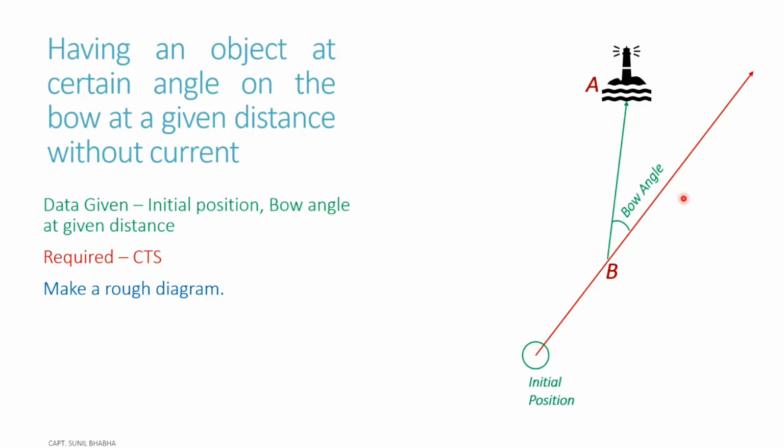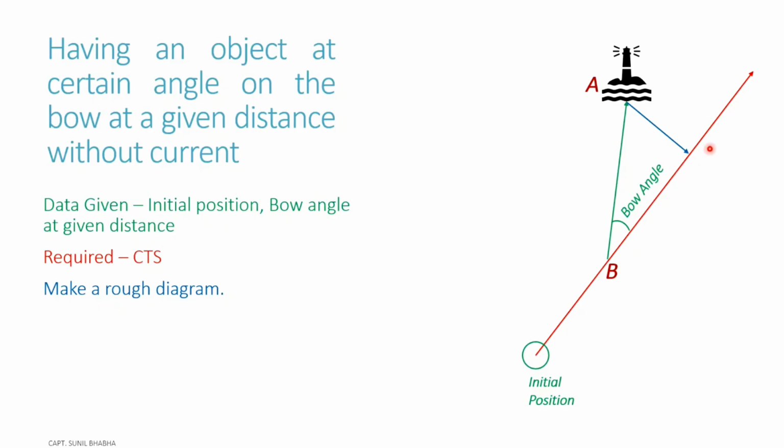Now what I will be doing is, from point A, that is the lighthouse, the object, I will drop a perpendicular onto my course steered. So from point A, I am dropping a perpendicular onto my course steered.